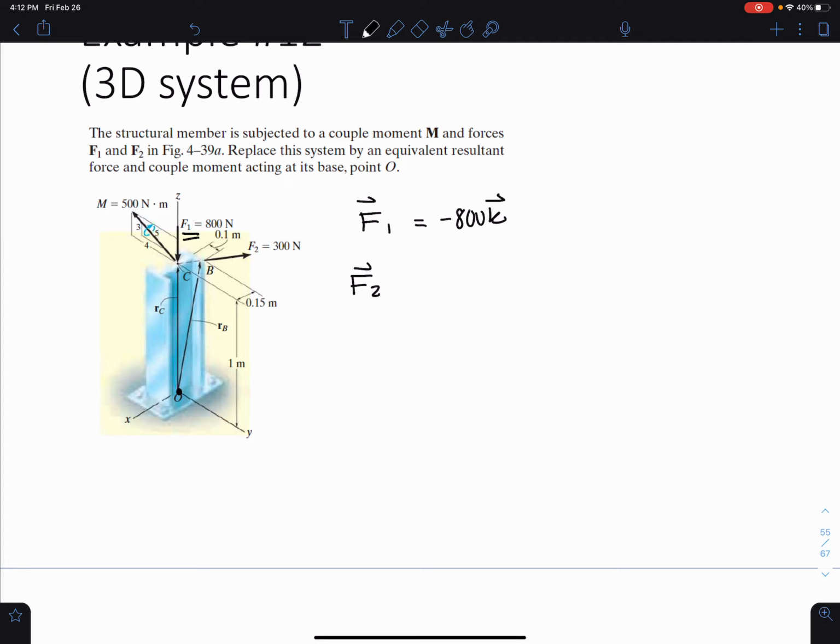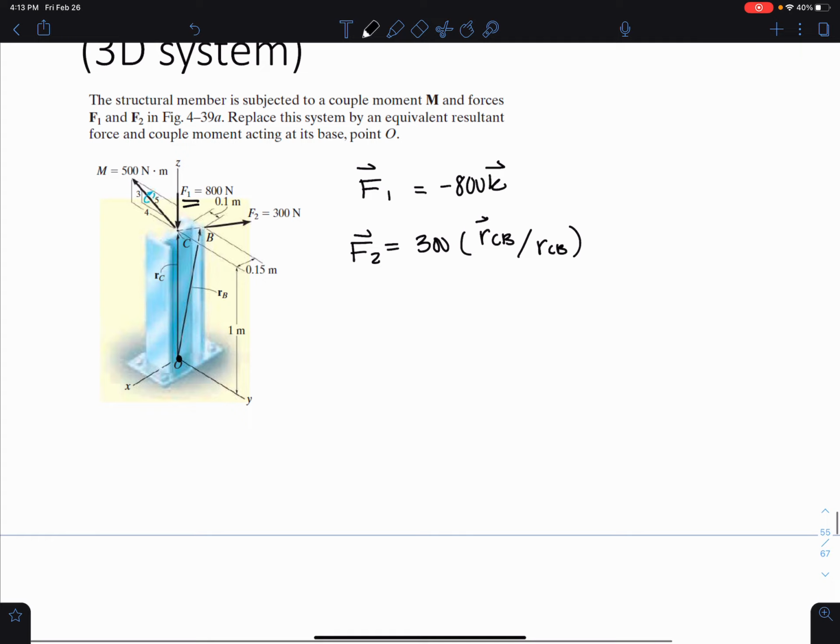For F2, I need to figure out what direction F2 is acting in here. So the best thing for me to do is take the magnitude and multiply it by RCB divided by the magnitude of RCB because I want to get that unit vector and figure out what direction it's acting in.